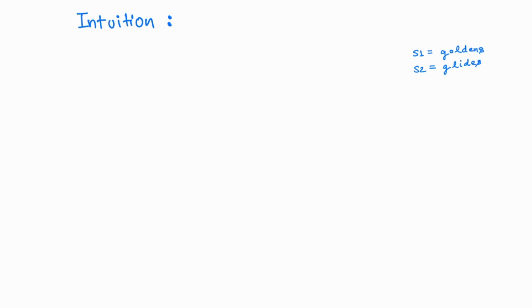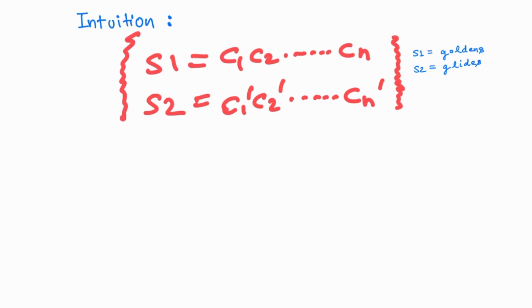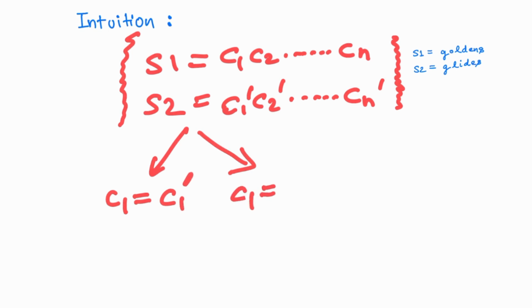Overall, when we look at the string 1 and string 2, let's say string 1 is C1, C2 till Cn, and string 2 is C1 dash, C2 dash till Cn dash. Now overall, when we look at these two strings, there are only two possible things. Either C1 is equal to C1 dash, or C1 is not equal to C1 dash.